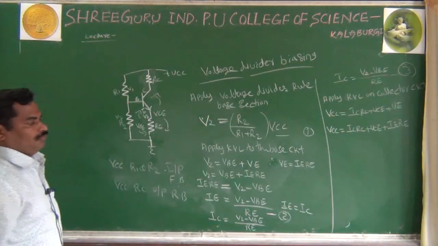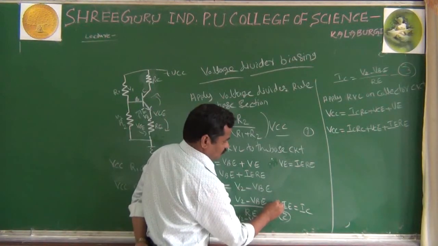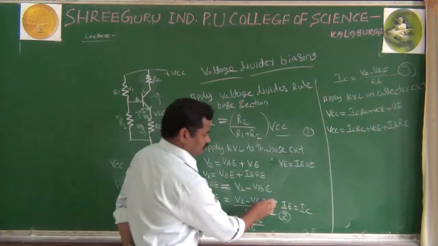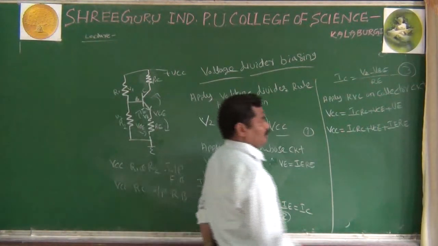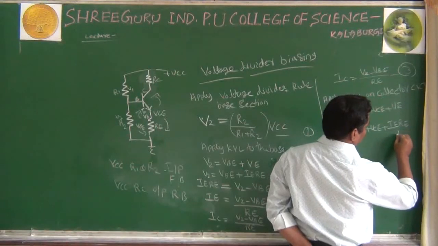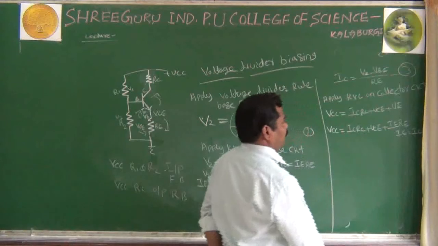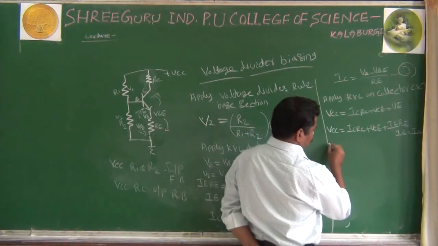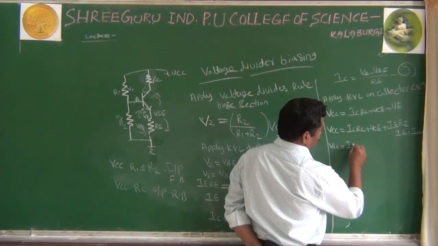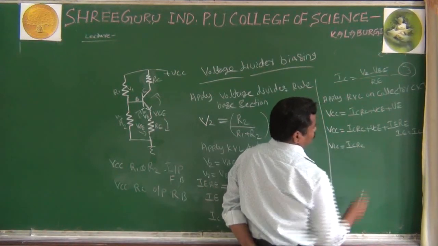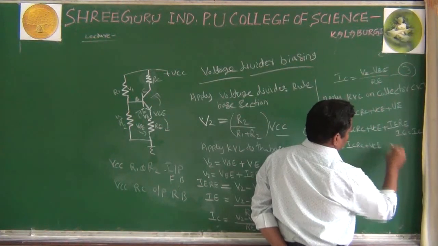Then use this relation. What is that relation? You can write IE equal to IC in the equation. That becomes VCC equal to IC into RC plus VCE.